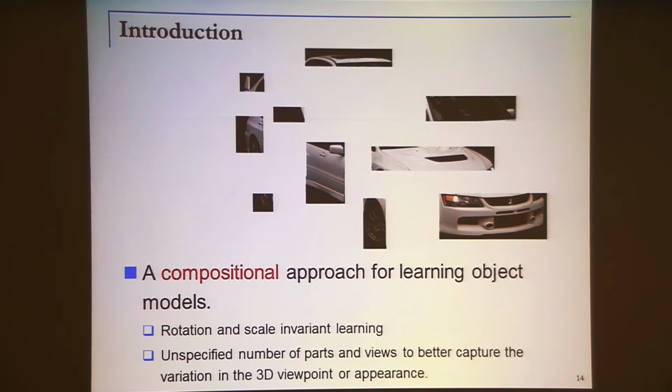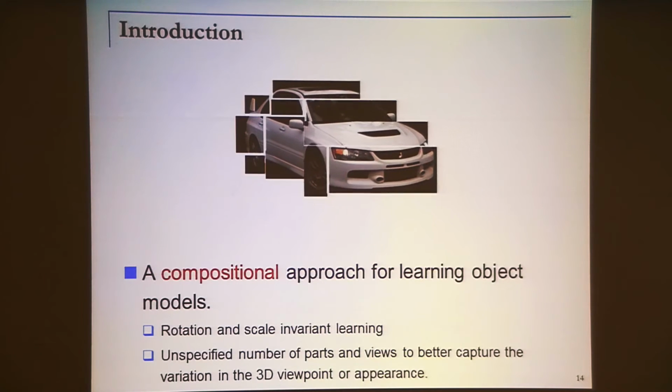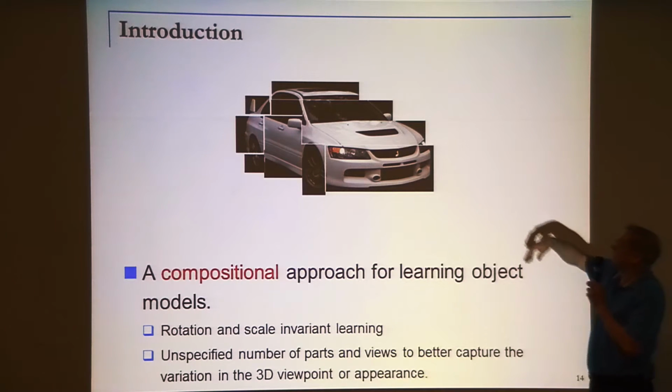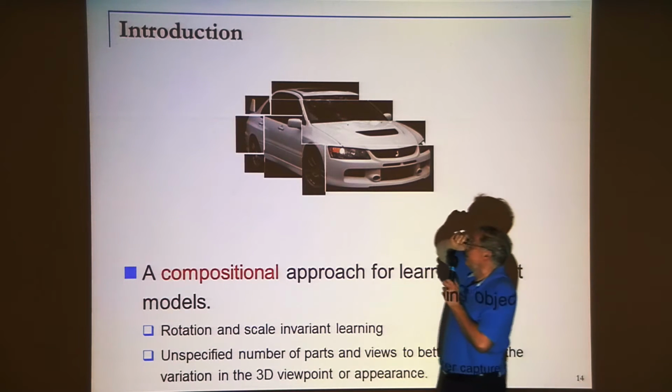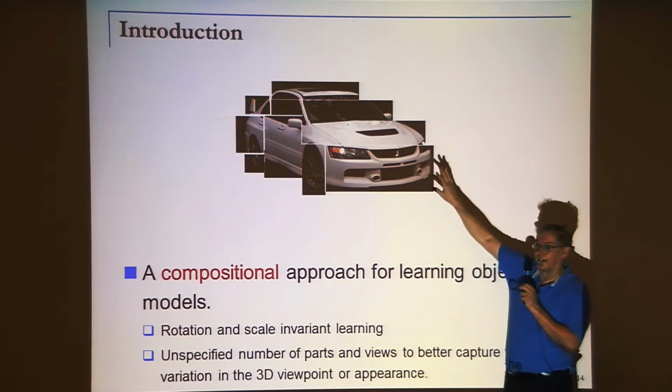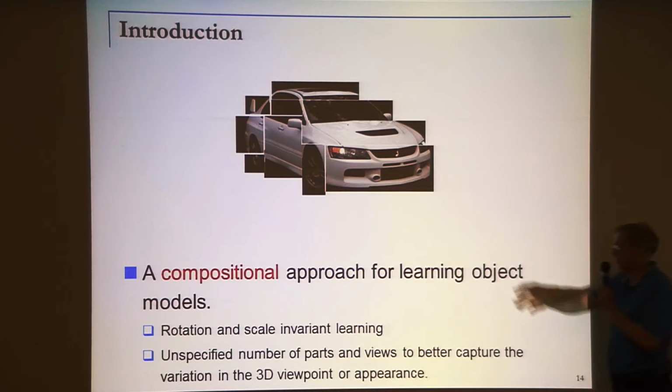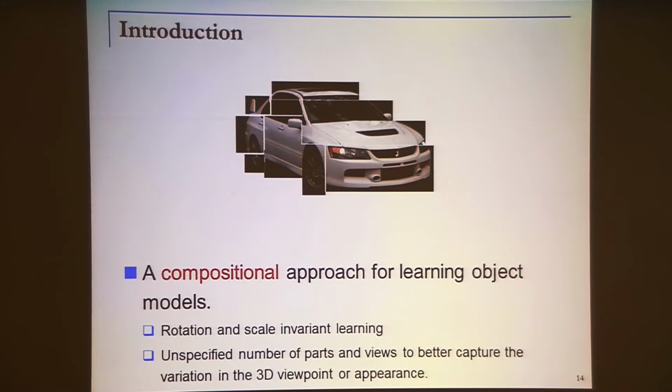They'll give richer descriptions. So here is the compositional approach to learning object models. The graphic at the beginning for my student was that you started out with the car, and now you try to learn it from the individual bits, learning the individual bits first. So this would be rotation and scale invariant learning, with an unspecified number of parts.